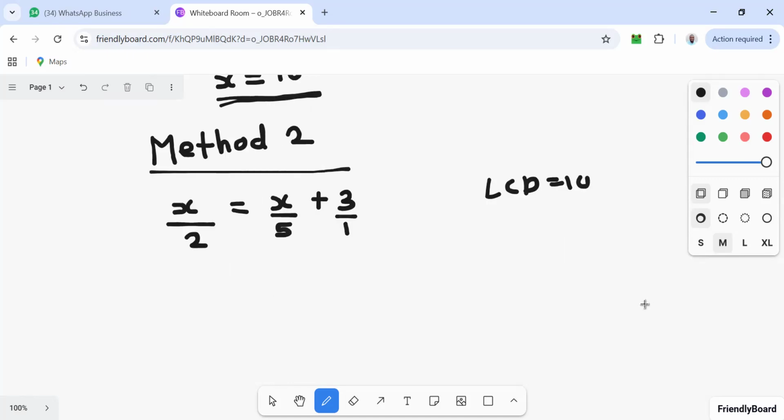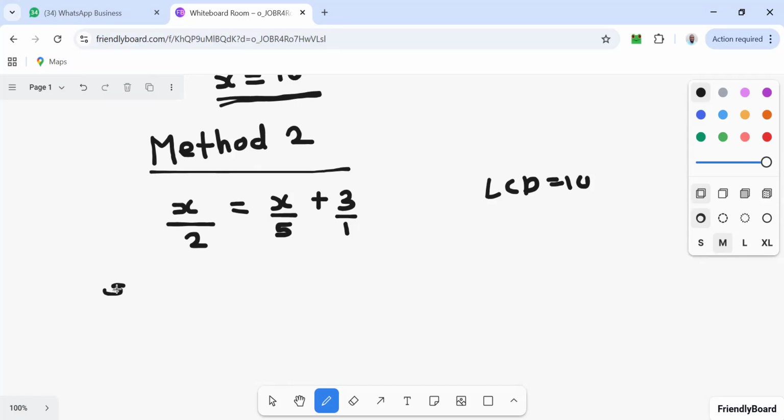So you can see there that the LCD is equal to 10. So what I'll do is I'm going to multiply all the terms by the LCD of 10.